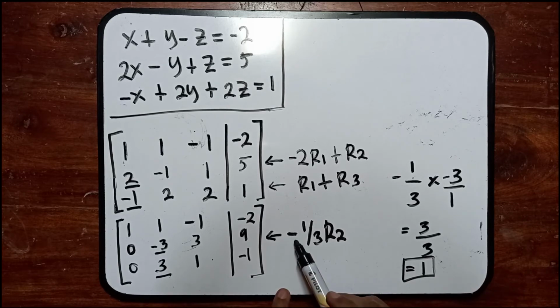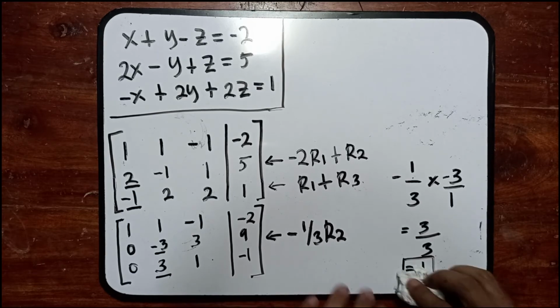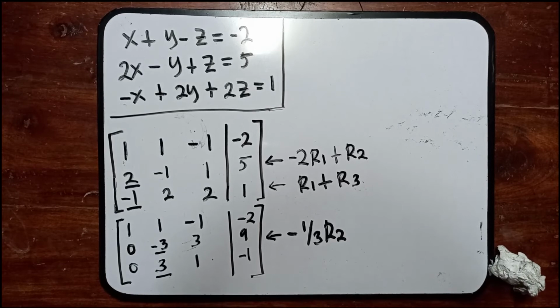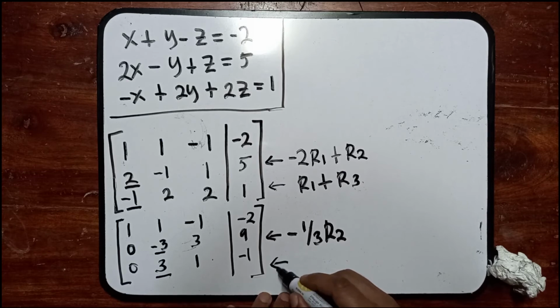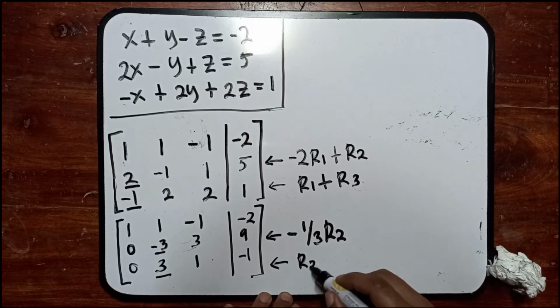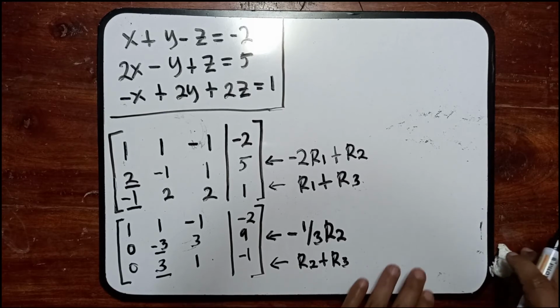So we can make use of negative 1/3 times R2 to change this into 1. And then maybe we can also use the same thing for this. We can add R2 to R3, because adding negative 3 to positive 3 will give us 0. So we can write here R2 plus R3.